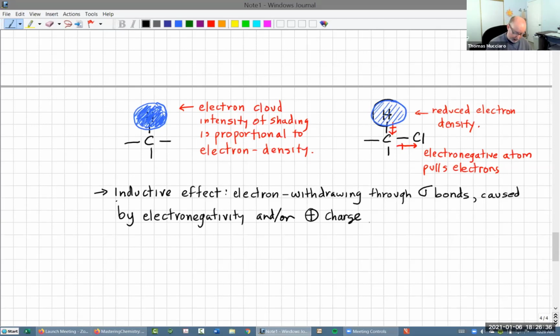It's just a term we're going to use again in second semester called inductive. An inductive effect is electron withdrawing or donating. Technically, it happens through the sigma bonds. You see how the arrow is really showing how the sigma bond is actually pulling the electrons, right? The single bond. And it's caused in this case by electronegativity. But if I were to put an atom in and put a positive charge on that atom somehow, it would also pull electrons away.